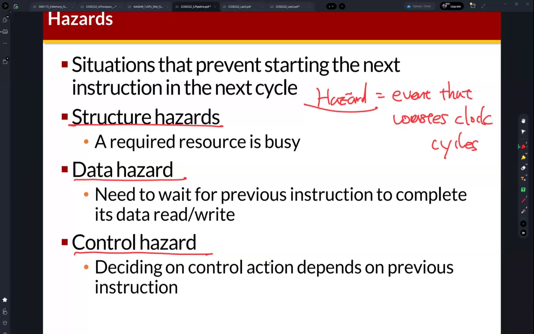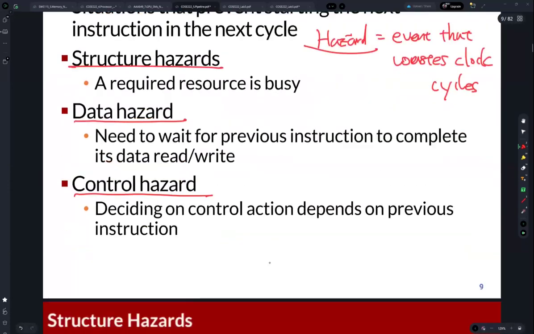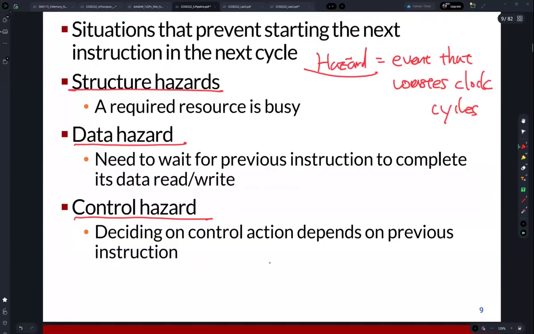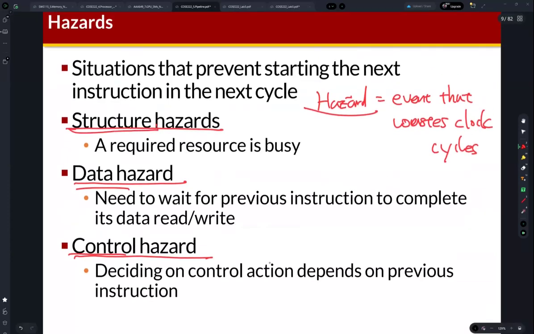That's why it is important to understand the reason of hazard. These three words represent the reasons of hazard.